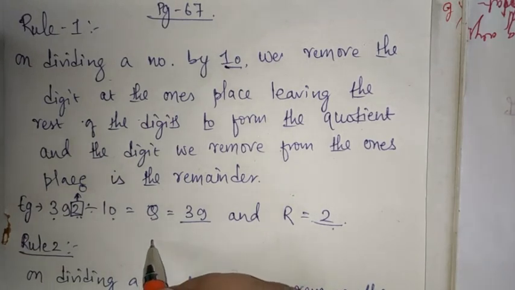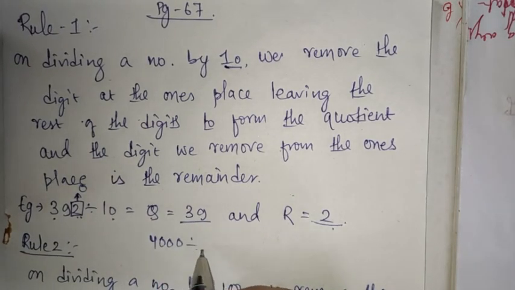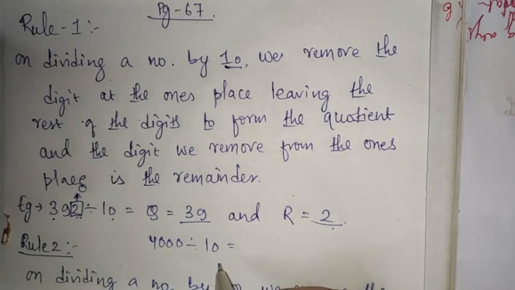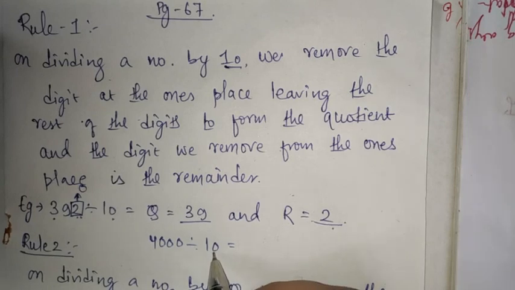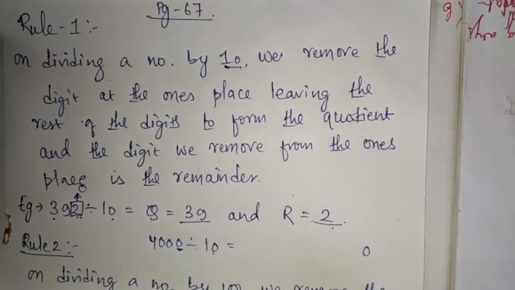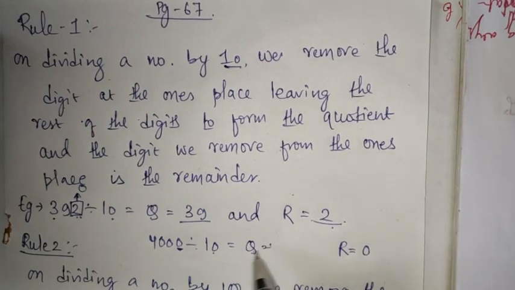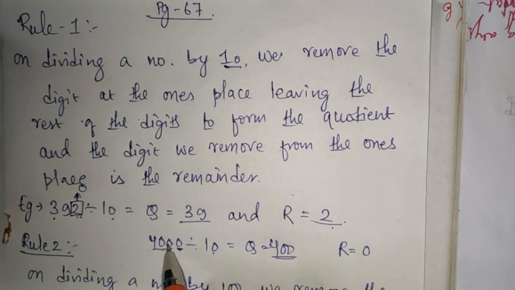Suppose you want to divide 4000 by 10. According to rule number 1, when you divide any number by 10, the ones place should be your remainder, and the remaining part, that is 400, will become your quotient. Whatever is left other than the ones place, in the hundreds, tens, thousands positions, will become your quotient.